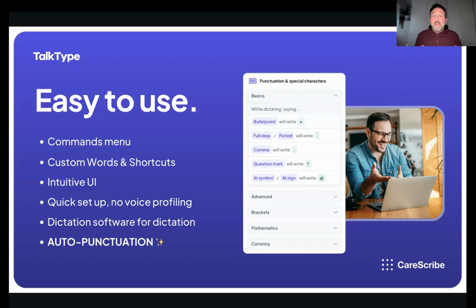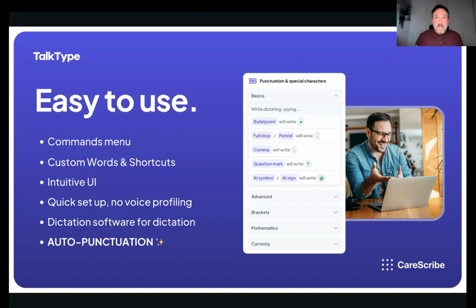But one thing that Dragon has, and we don't have, and I'm being very transparent with this, is if you have individuals that have, for example, a motor impairment, or they need essentially to use the power of their voice to control all aspects of their machine, we'll hold our hands up and say, you might want to recommend Dragon in that case. But if you're looking for individuals, and we are finding so many that are just looking for a clean, intuitive, easy to operate tool that supports effective dictation, then you're looking at the right presentation.